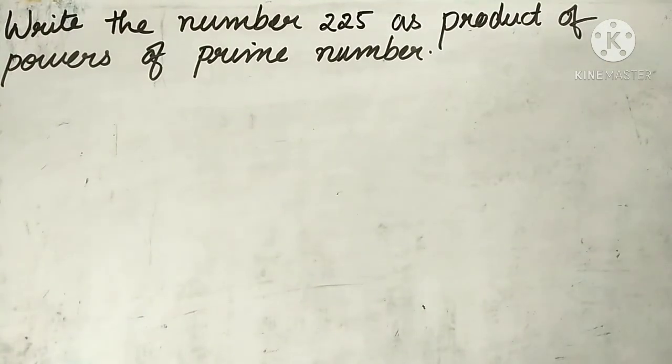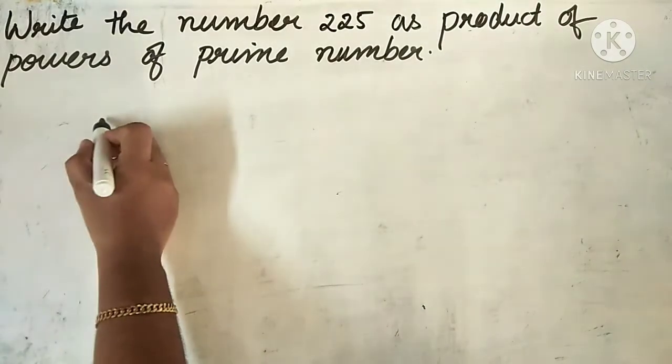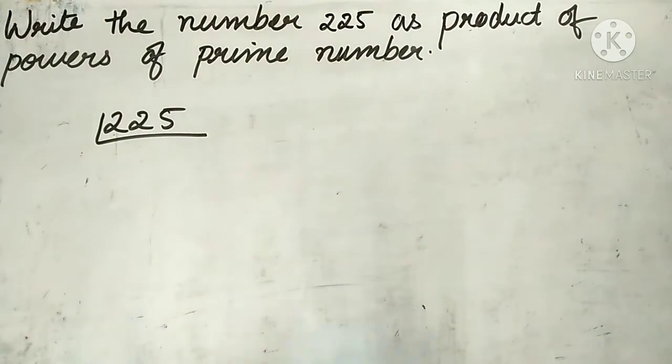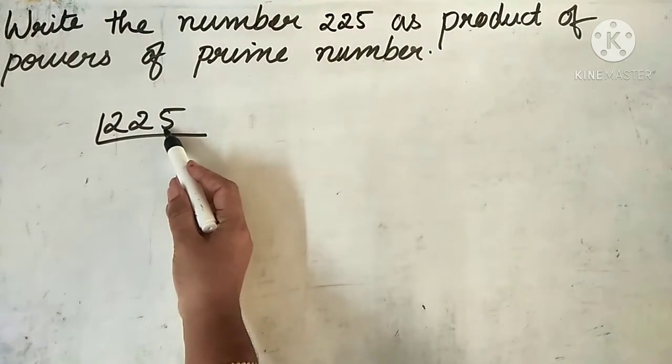Next example: write the number 225 as a product of prime numbers. Let's see how to factorize. 225: is it divisible by 2? The first prime number is 2. No, because the last digit is 5.